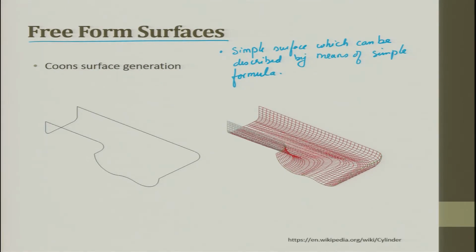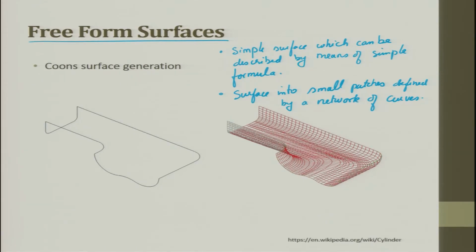In reality you will have many surfaces which have to be drawn. So, what we do is we try to divide the surface, the easiest thing, into small patches, which is defined by a network of curves.